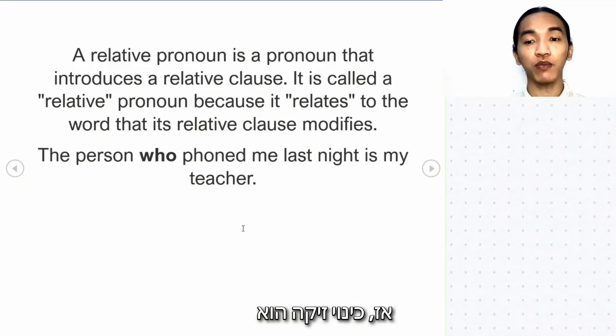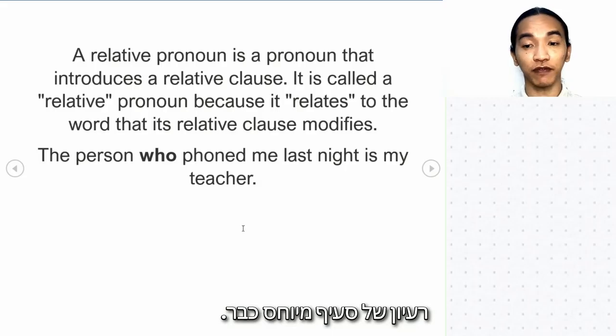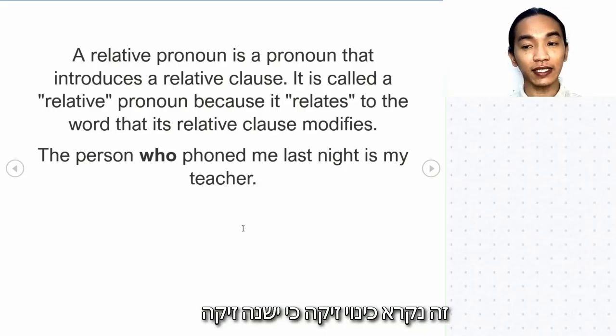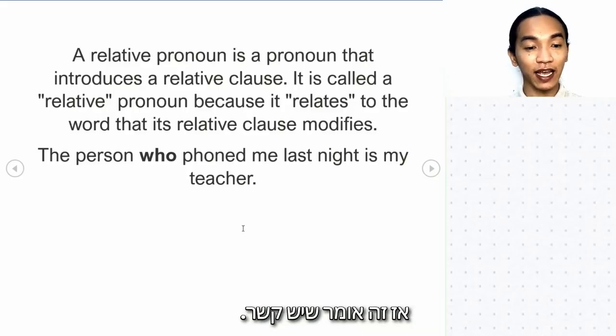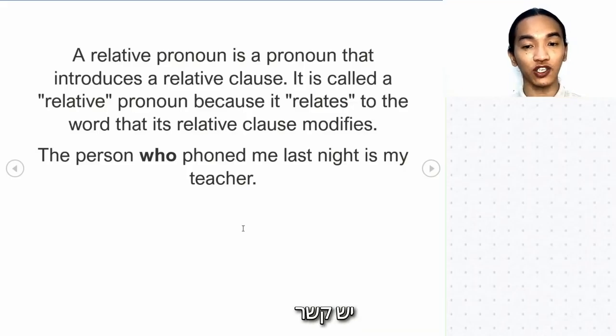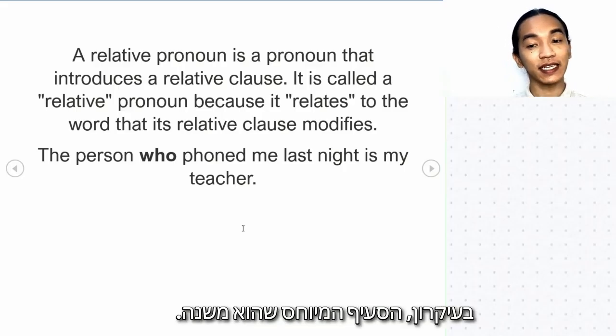A relative pronoun is a pronoun that introduces a relative clause. I know that you have an idea of a relative clause already. It is called a relative pronoun because it relates to the word that its relative clause modifies. So there is a connection, a relationship to the sentences that it's connecting. Basically, the relative clause that it modifies.